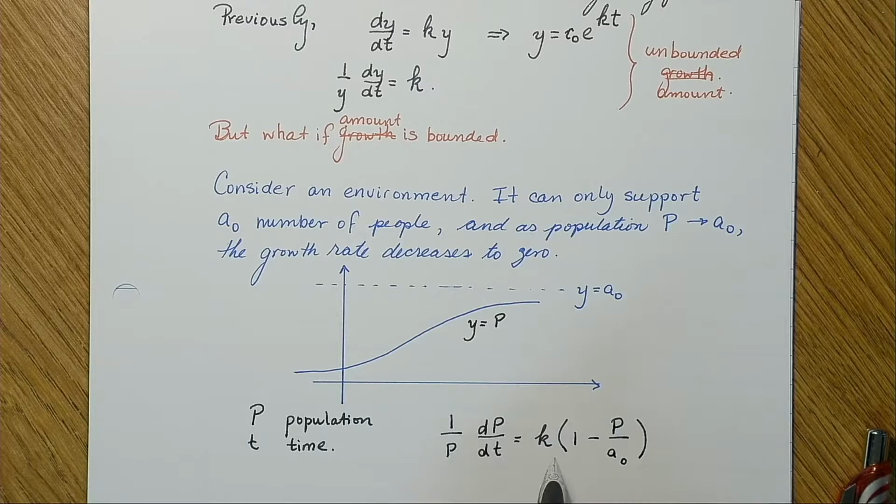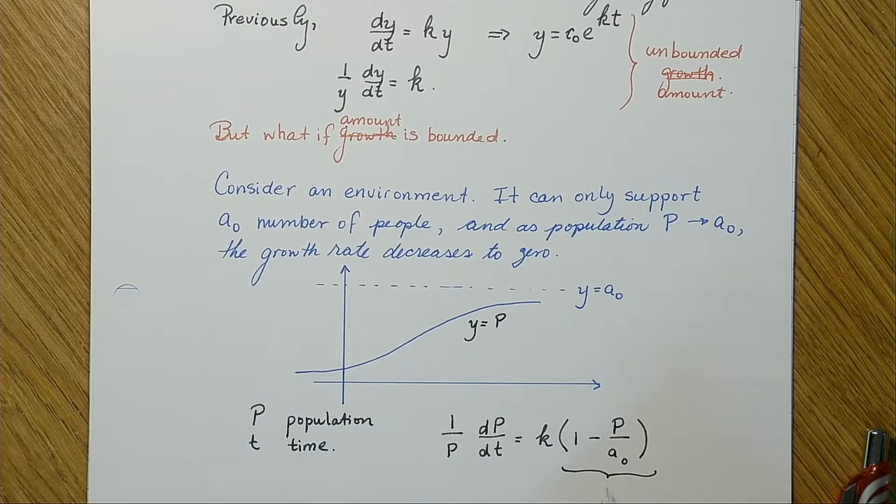So what this would say is that this will start to cause this to slow down. As p increases, this number will get bigger, which means that 1 minus p over a0 starts to approach 0 as p goes to a0.